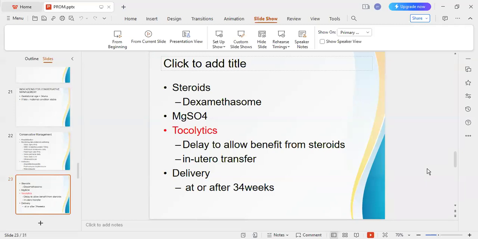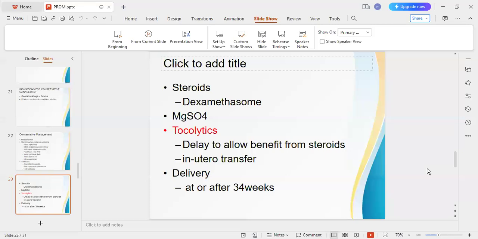So there's this controversy about the use of tocolytics. Whilst other schools of thought think that they do not play any important role in the conservative management of patients, it's still being used to some extent. This is just to allow for the steroids to act so that we can try to mature our fetal lungs before delivery.